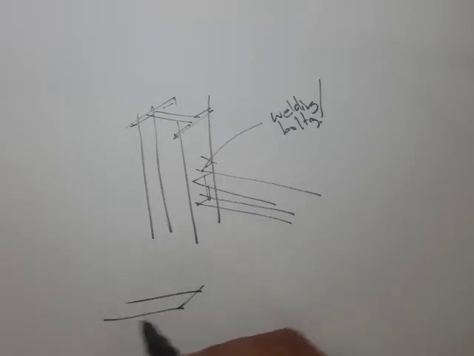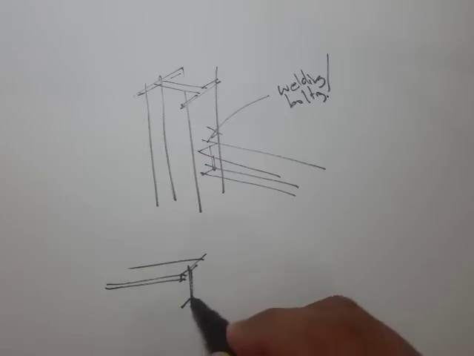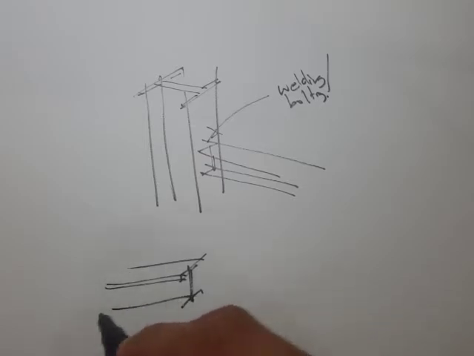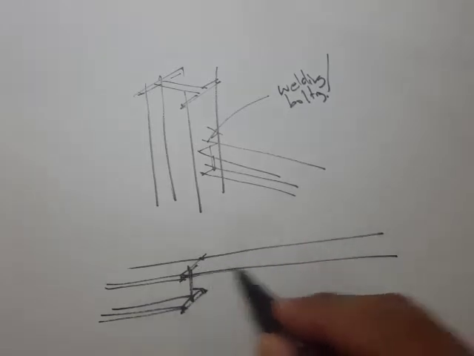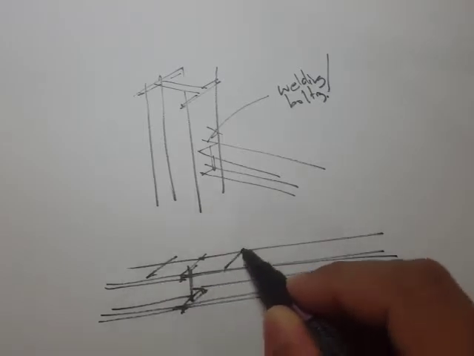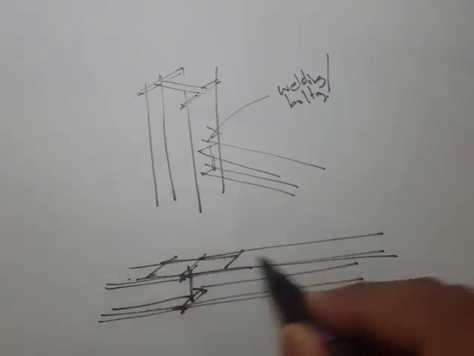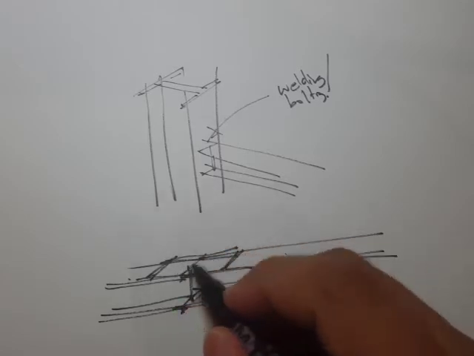For example, this is the first length of beam, and you still have to, let's say, extend this length, and you're planning to connect these two by either bolting or welding.